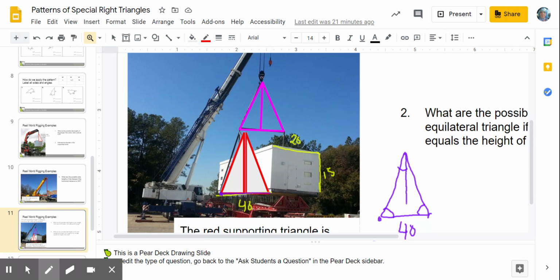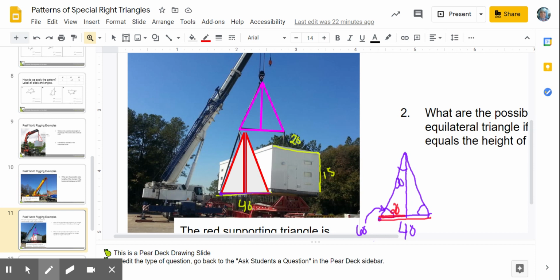If I slice this down the middle and it was 60 to begin with, is it 30 now? And this side is 60? Can we go with that? Yes. Okay. So if the whole thing is 40, what's this piece if I sliced it in half? Half of 40 is 20?